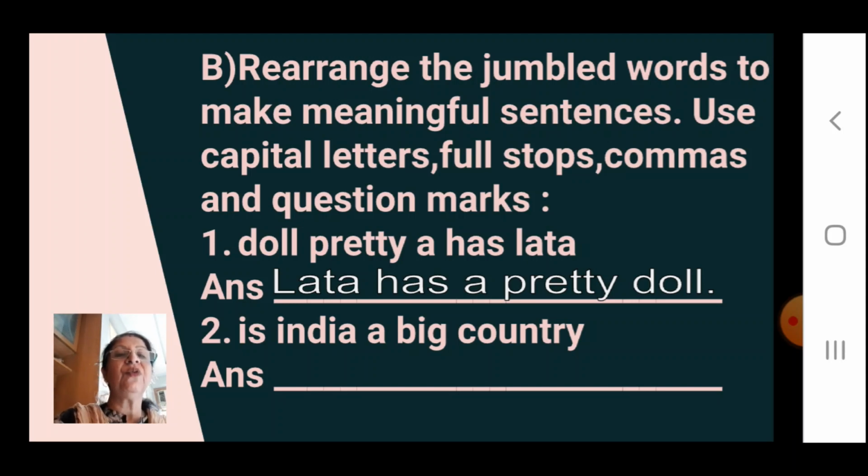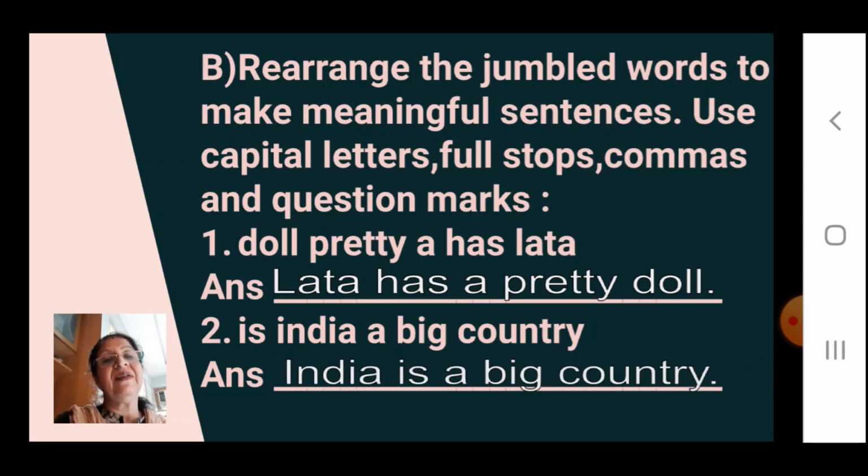Now number 2. "Is India a big country?" Here again we started the sentence with a capital letter, that is I, and "India is a big country." Now the sentence is complete, so we have put a full stop. So do these two.